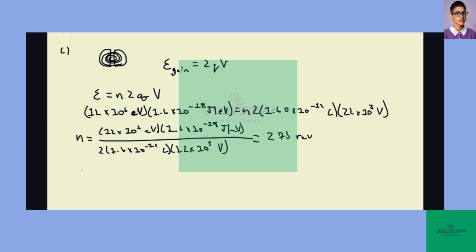Okay. Now, part D, you want to know how much time it takes for the deuteron to go from the start of the cyclotron to the exit.